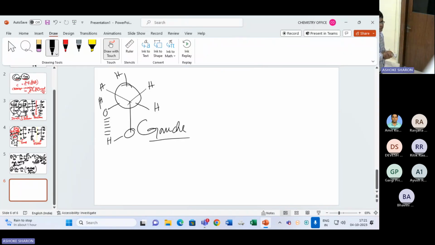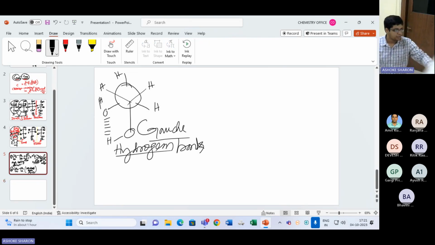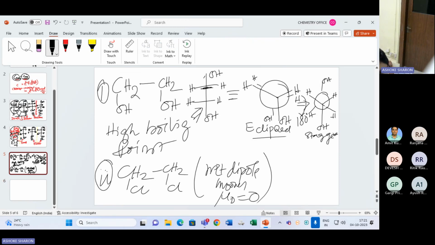In the gauche structure, there is a possibility for hydrogen bonding. All of you already know hydrogen bonding from your 10+2 level. When hydrogen bonding takes place, there will be much more stability than the previous one. There is no such stability in the staggered structure.